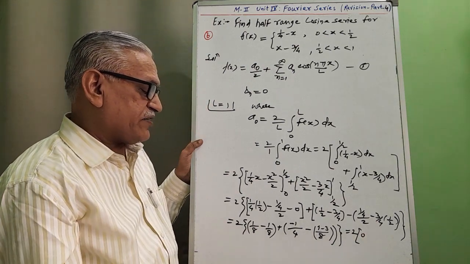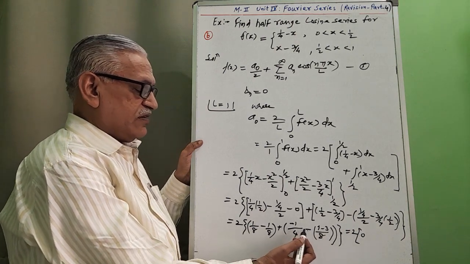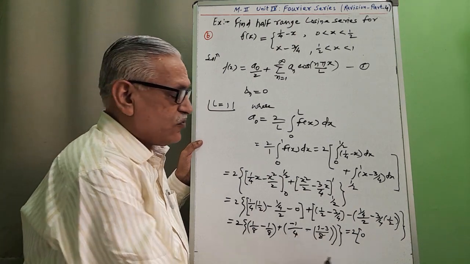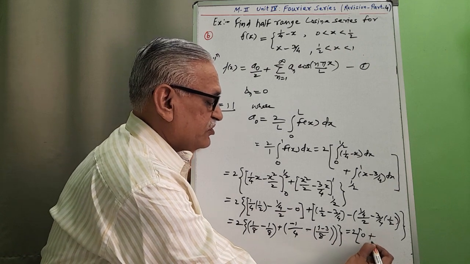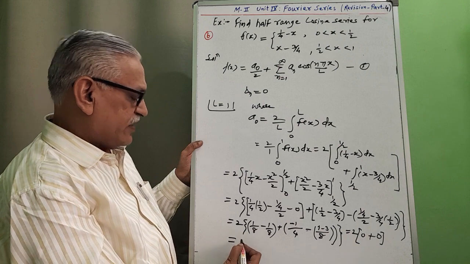Minus 2 by 8 means minus 1 by 4. Minus minus become plus 1 by 4 and minus 1 by 4. That sum is 0. And therefore value of A0 is 0.